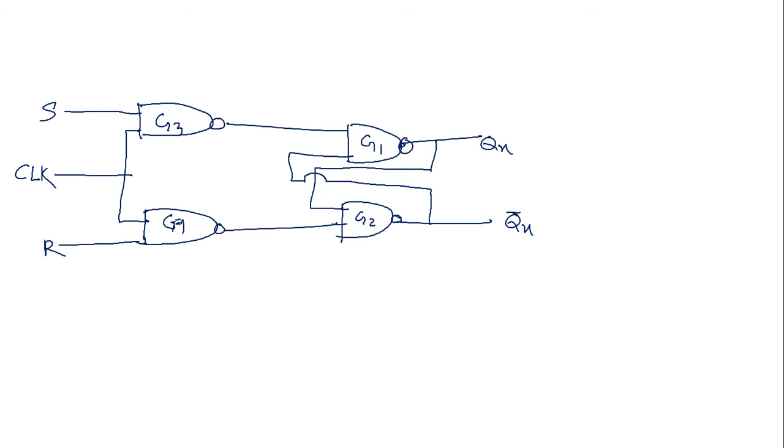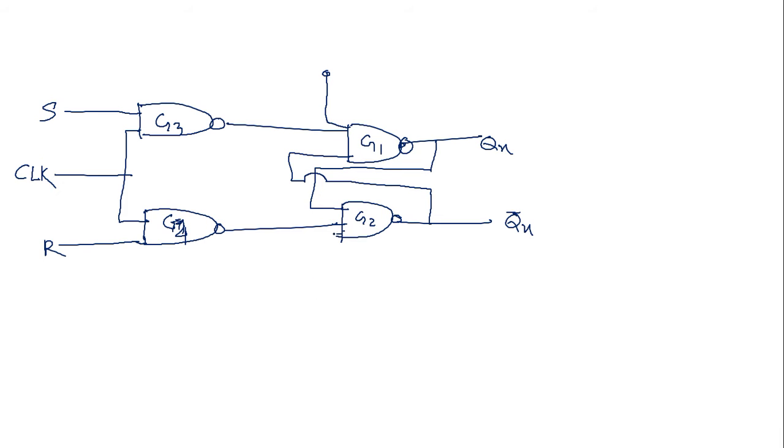If I am not giving any external input to this flip-flop, then the flip-flop follows the truth table of the SR flip-flop. Now from the outside, I am giving two inputs to this flip-flop.